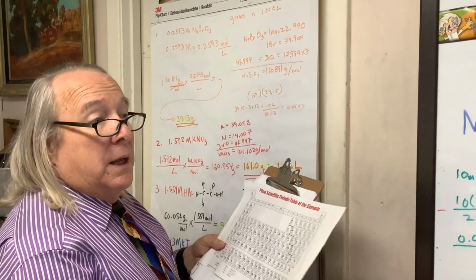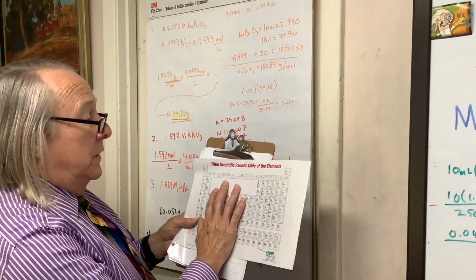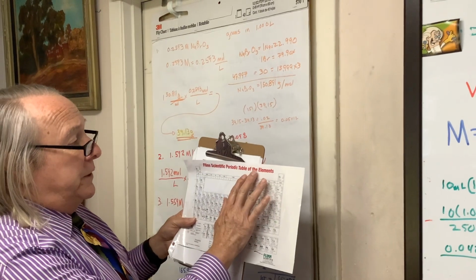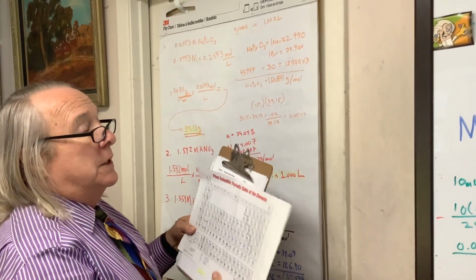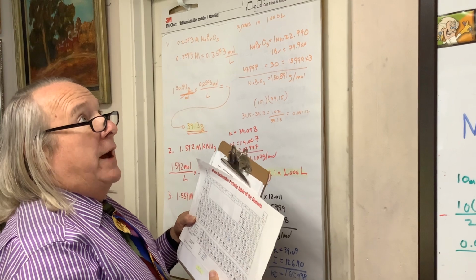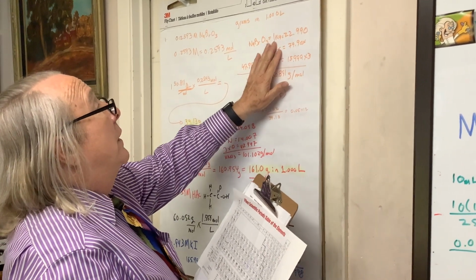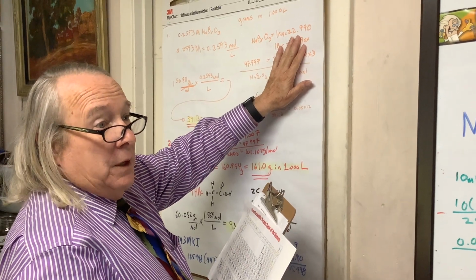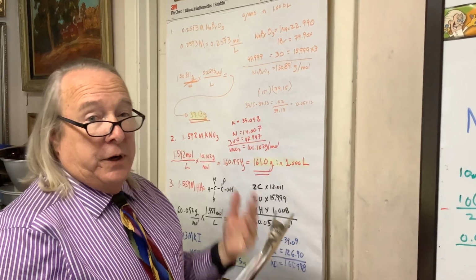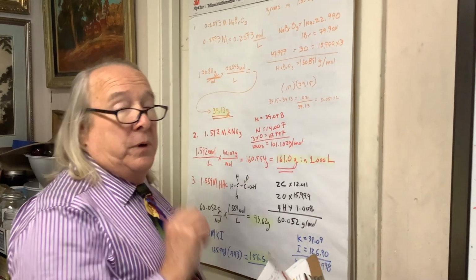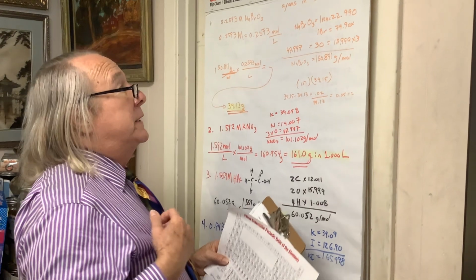But this one, the Flynn Scientific Periodic Table of the Elements, has slightly different values for the elements than the other periodic tables I was using. One in the back of a book and another one I have hanging up here at home in my kitchen.